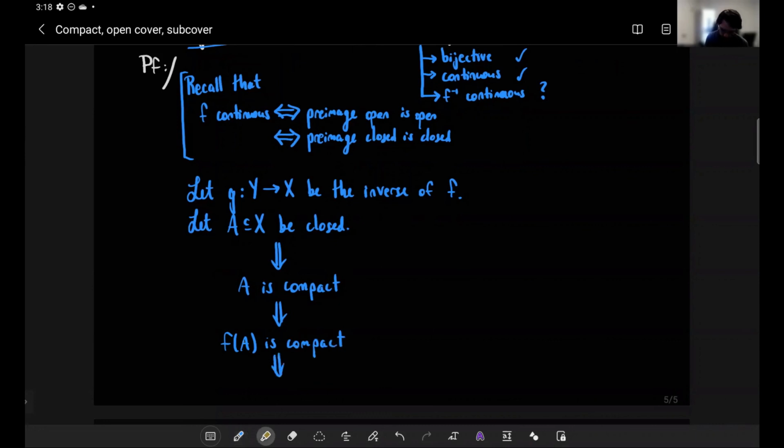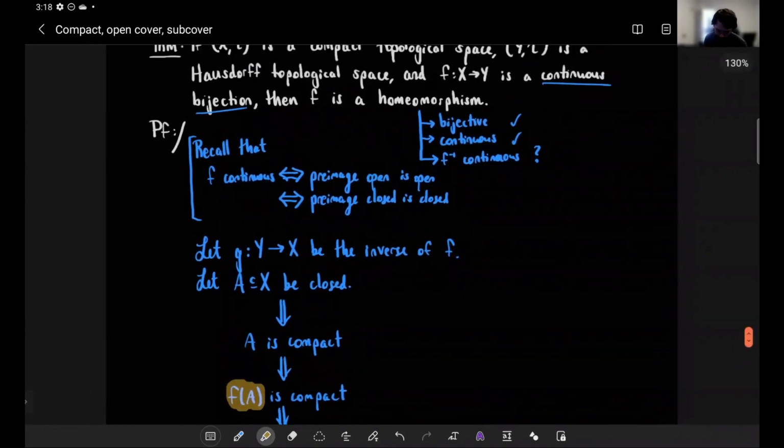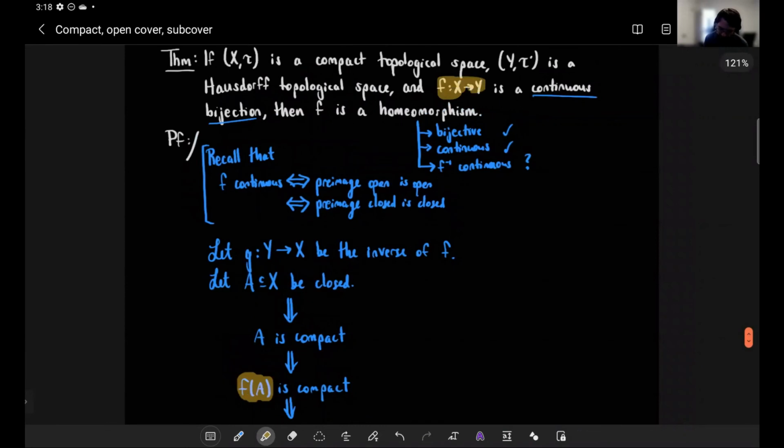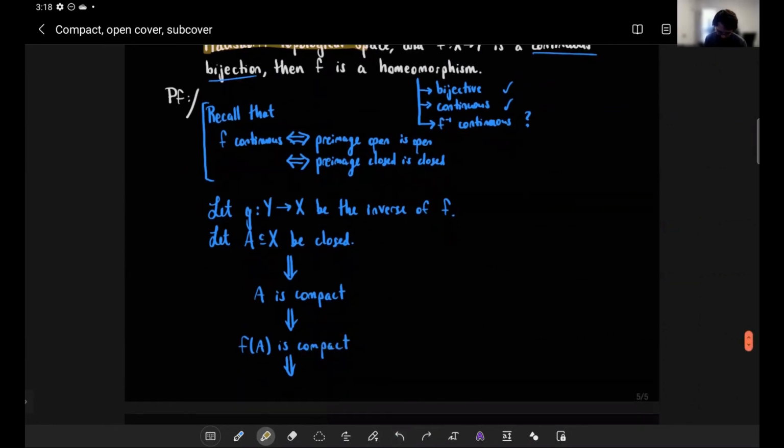But now what? Well, f of A was in X, right? f sends things in X to things in Y. So f of A is in Y, and Y is Hausdorff. What do I know about compact subsets of Hausdorff spaces? Well, they're closed. And what else do I know?